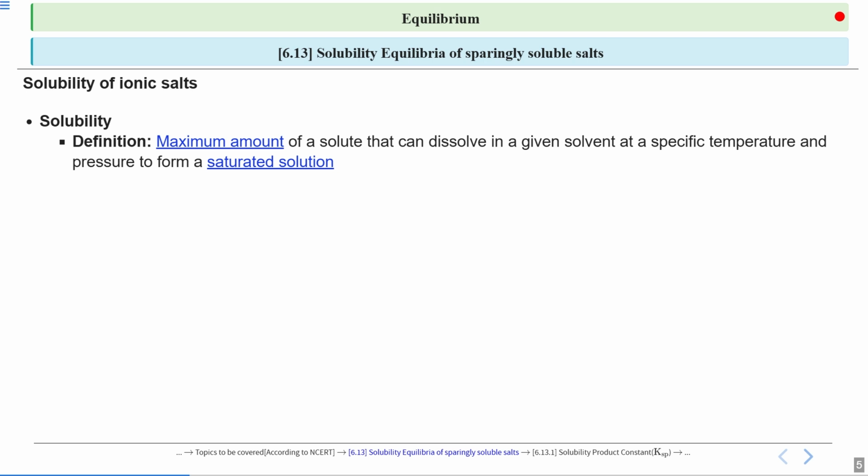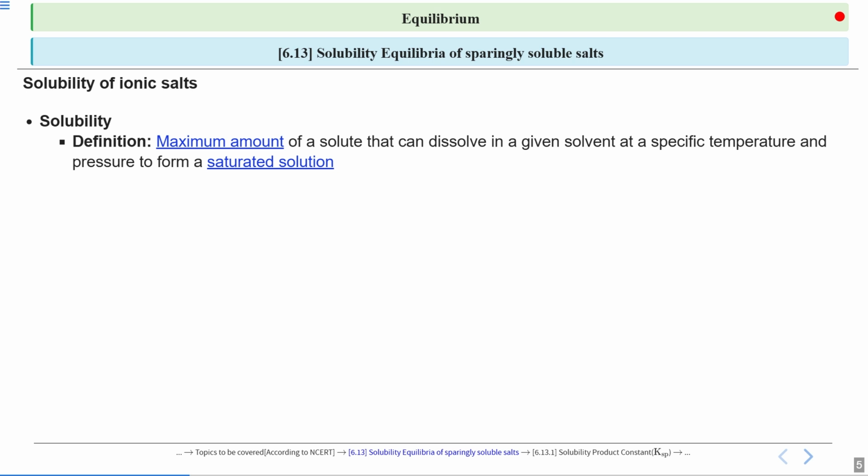Because you know that solubility is quite related to temperature, because processes are endothermic and exothermic, and in most cases solubility is an endothermic process. So the amount of solute may change depending on the temperature.